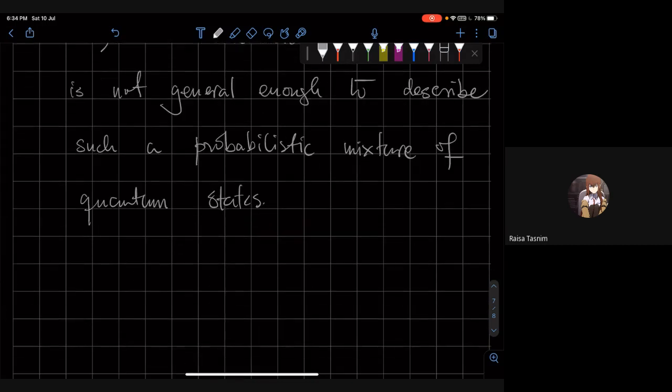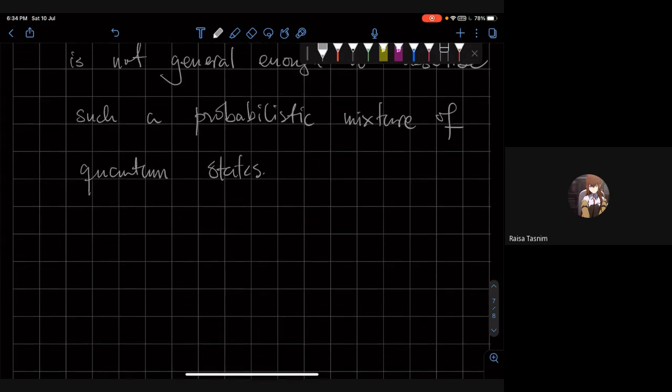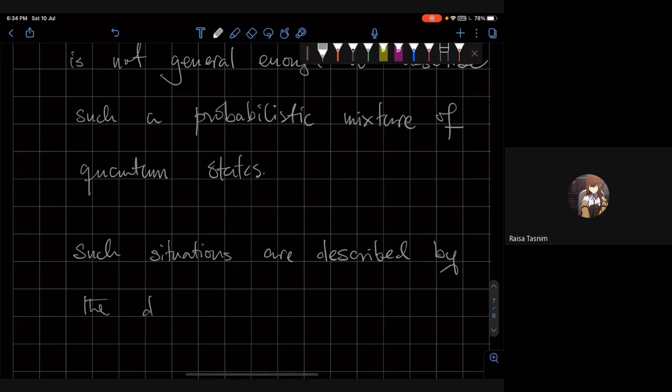Okay, so how are we going to describe this? Such situations are described by the density matrix, or the density operator, which is a Hermitian operator.